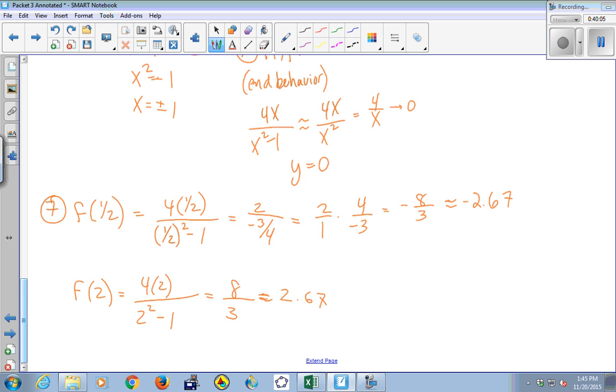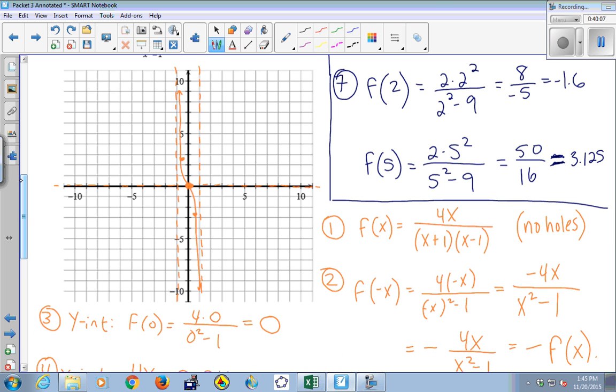Okay. So 2 comma 2.67. 1, 2 2/3. There we go. And just by knowing that one point, because I have asymptotes that guide my end behavior and my behavior near 1, I can just draw it: I approach the asymptote for my end behavior, and then I go up towards my vertical asymptote.